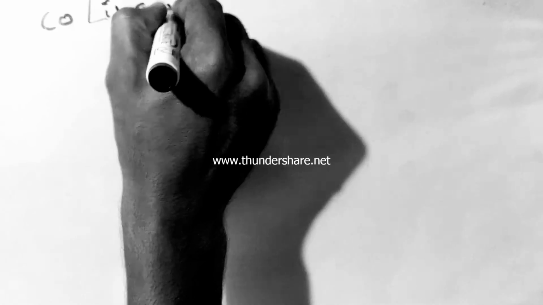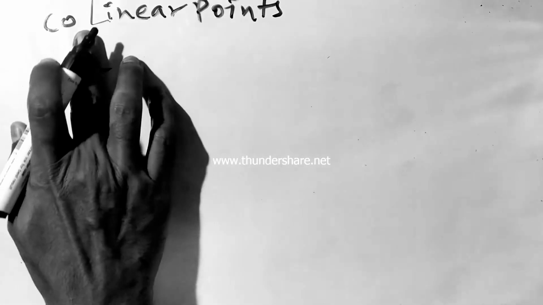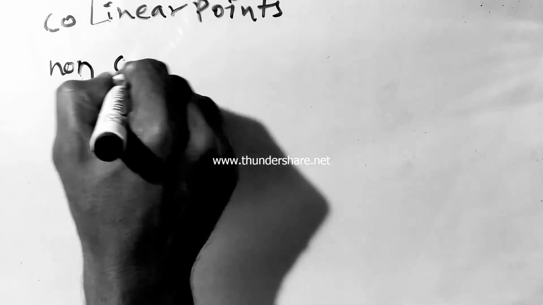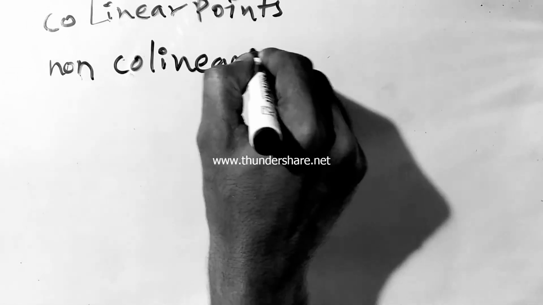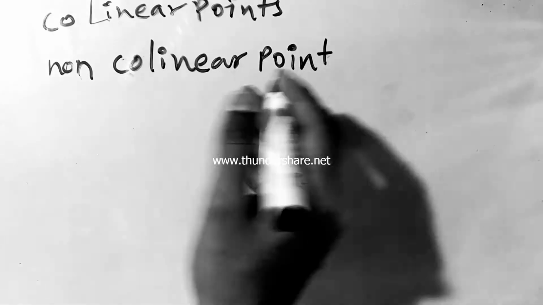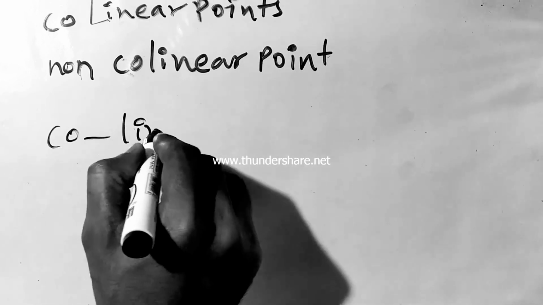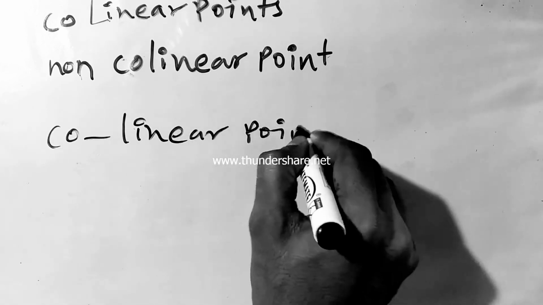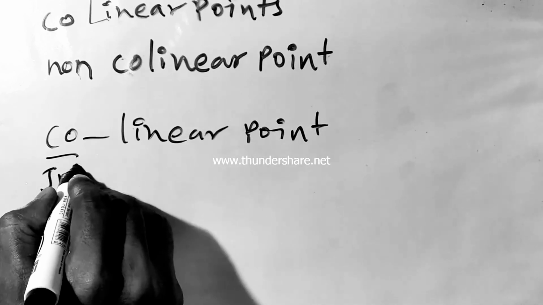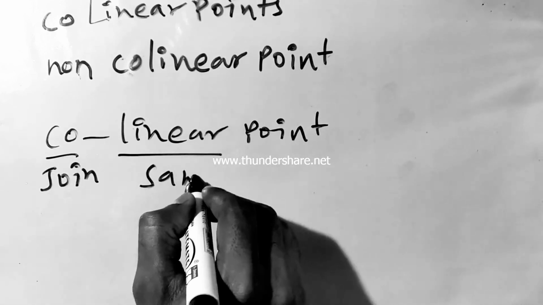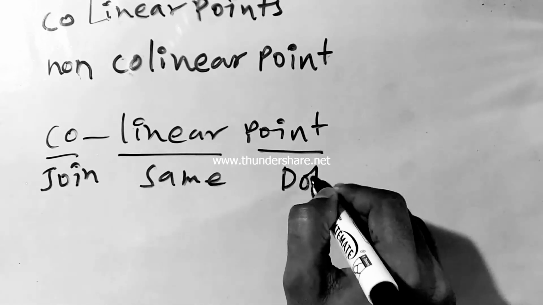Next we go to collinear and non-collinear points. The name itself says what kind of points they are. Collinear: co means join and linear means line. A point is nothing but a dot.